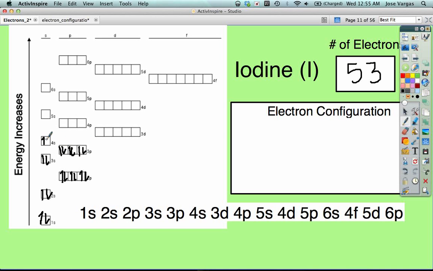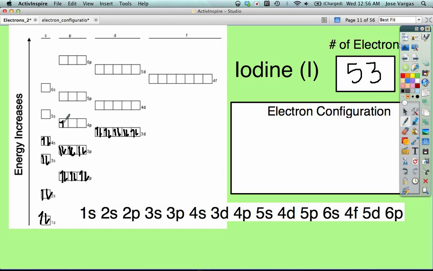It is full, the P is full. Now we continue with the 4s, that's full. S can have a maximum of 2 electrons. But D, when we go to D, we have 1, 2, 3, 4, and 5, but then we can put the opposite. So D can hold a maximum of 10 electrons. 3d, we go to 4p.